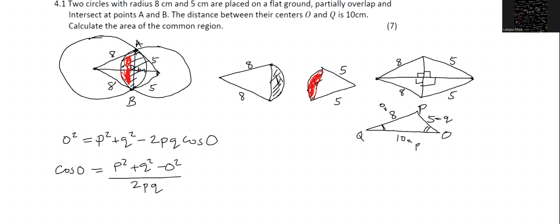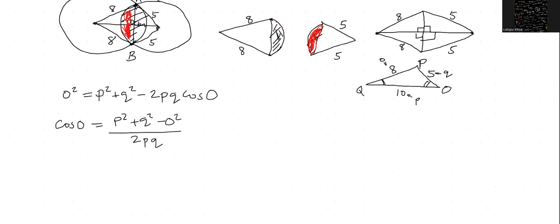And then I find O by taking cos inverse. So O is equal to cos inverse of p squared, so this is 10 squared plus q squared minus 8 squared divided by 2 times 10 times 5.